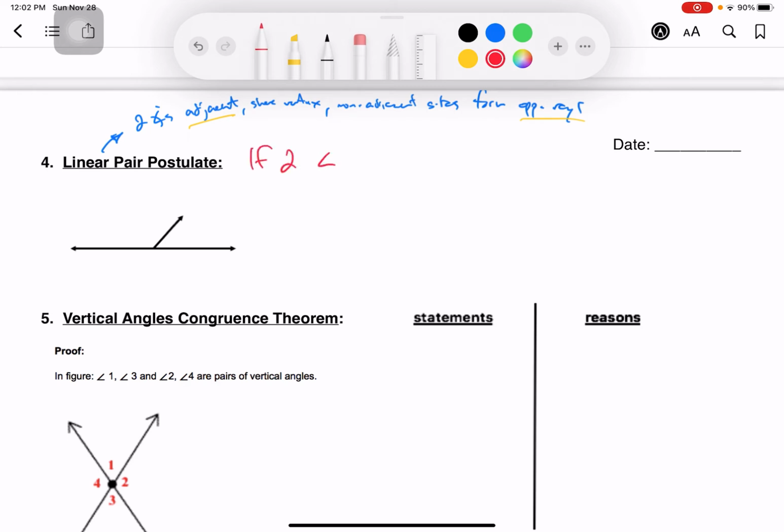If two angles are a linear pair, then what else are they? Well, they form a line. So what do you think these two angles would add up to? If you said 180, you're right. But we know that the term for two angles which sum 180 is supplementary.